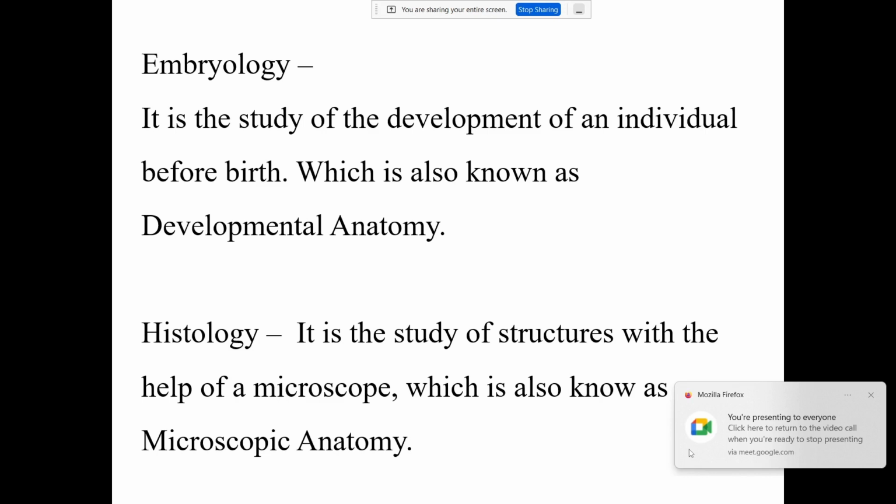Then what about histology? The other study is called histology. Histology is nothing but microscopic anatomy.